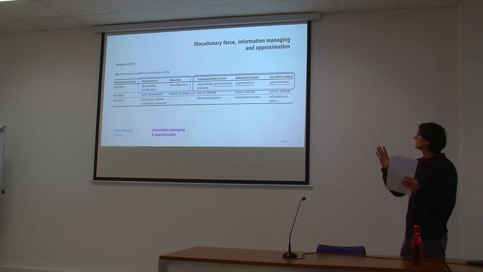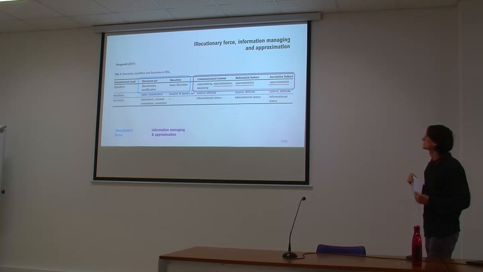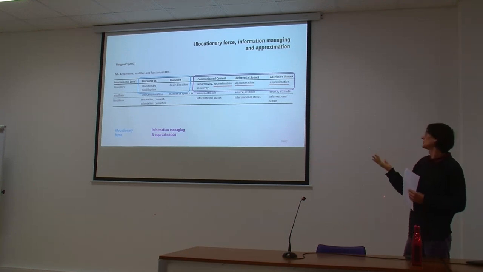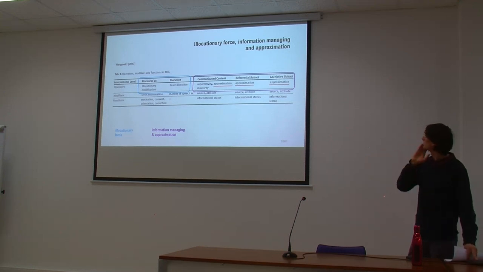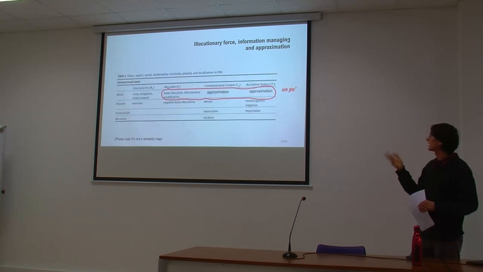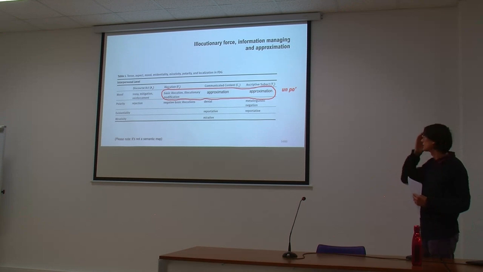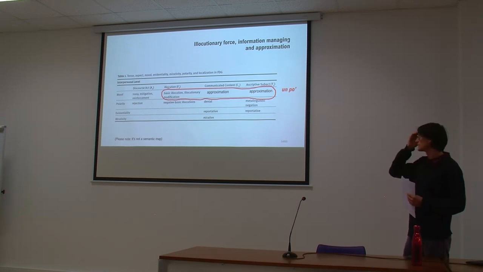We have layers related to the illocutionary force modification and layers related to information managing and approximation. And what we can do now is basically just to picture the functions that we found today for un po' and lá on this table.